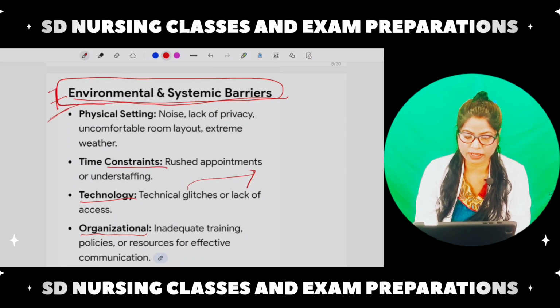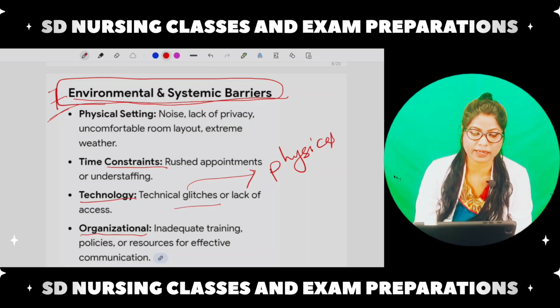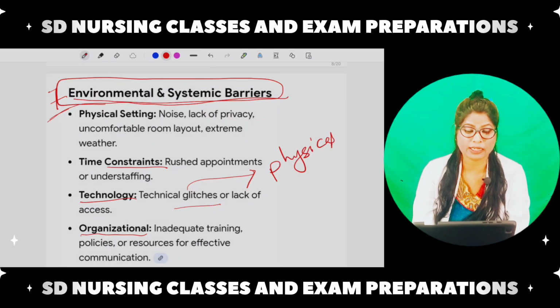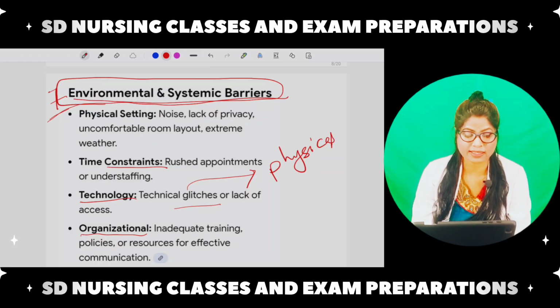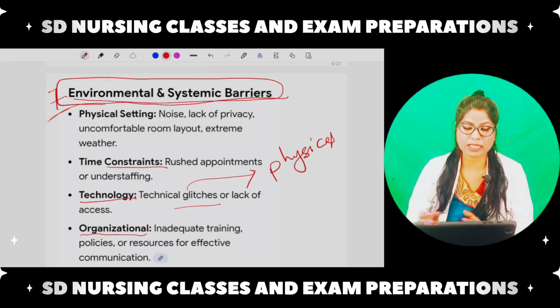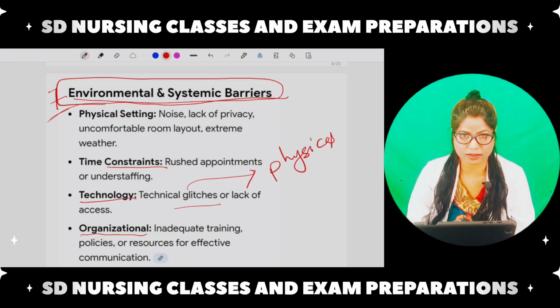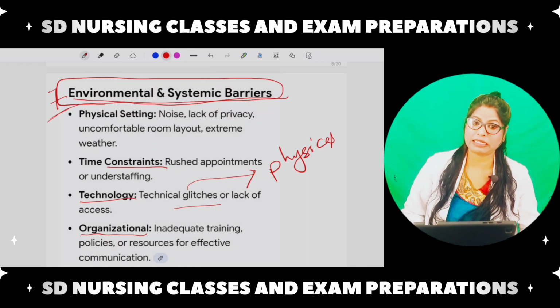This technology we studied in physical barrier, again we will study here. Physical setting means noise, lack of privacy, uncomfortable room layout and extreme weather. These all things, noise, yes, already we studied there first itself.